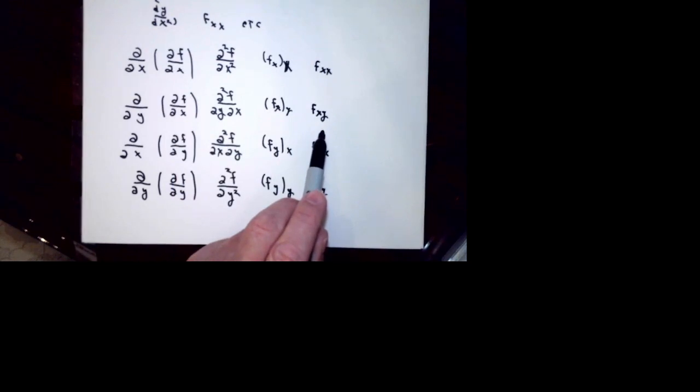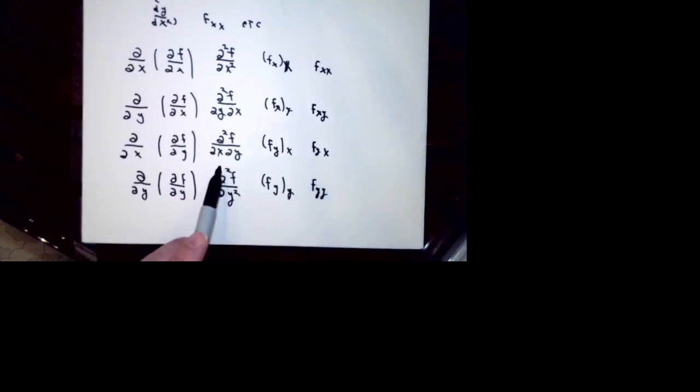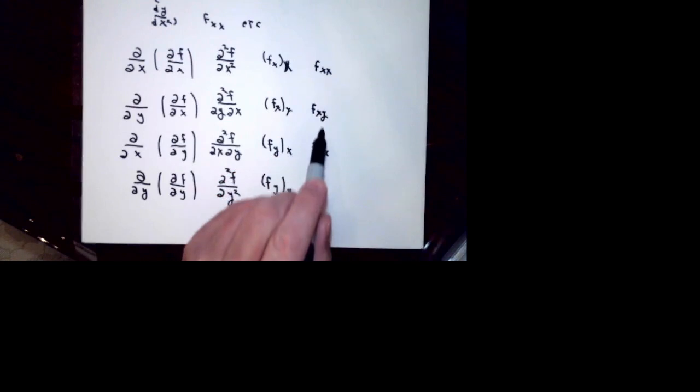This sometimes seems troubling because in this one, visually the y comes first and the x comes second, while here visually it's the other way around, and likewise for that one. This is just a notational issue. The variable name that is closest to the f is the one that gets done first.